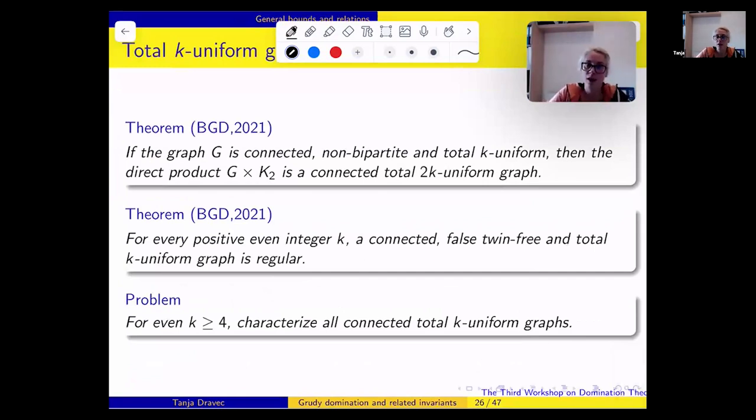Moreover, from the result that the line graph of K6 is total 4-uniform, we can create other total K-uniform graphs.